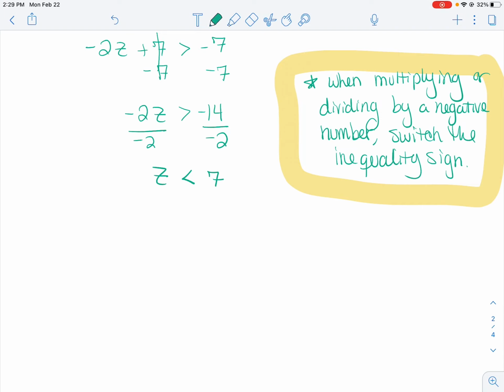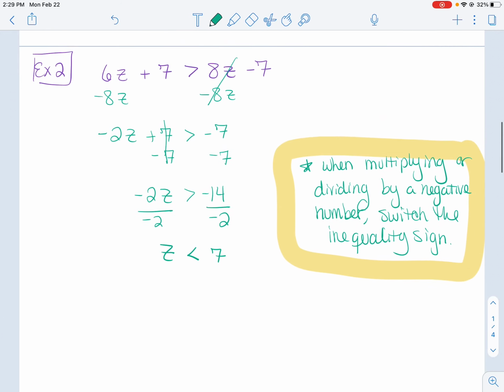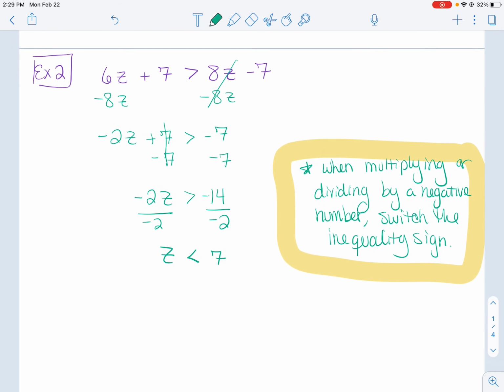And this tells us that we have all the values z that are less than 7 as part of our solution. You can check it by picking any number that is less than 7. So maybe 0 is less than 7. So let's say z is equal to 0.